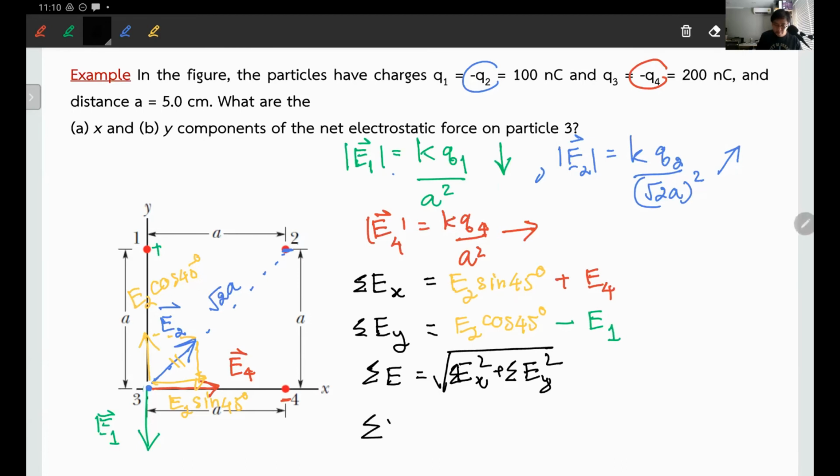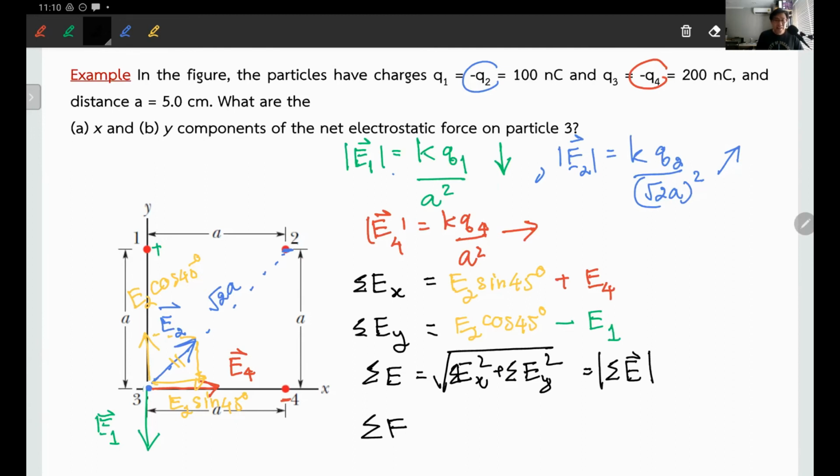What is going to be the net force? Actually, let me emphasize this. It's the same as the net electric field vector magnitude.